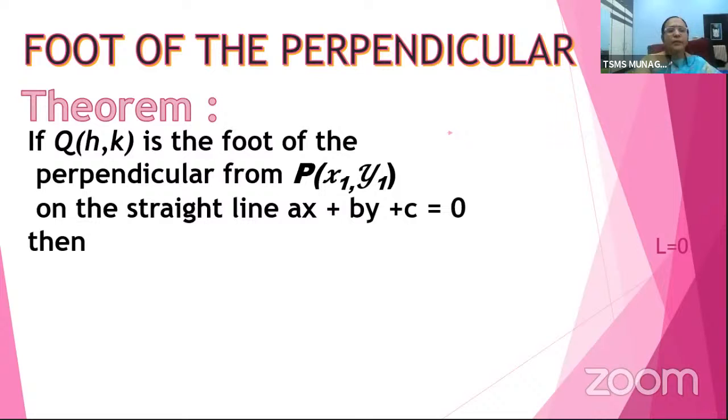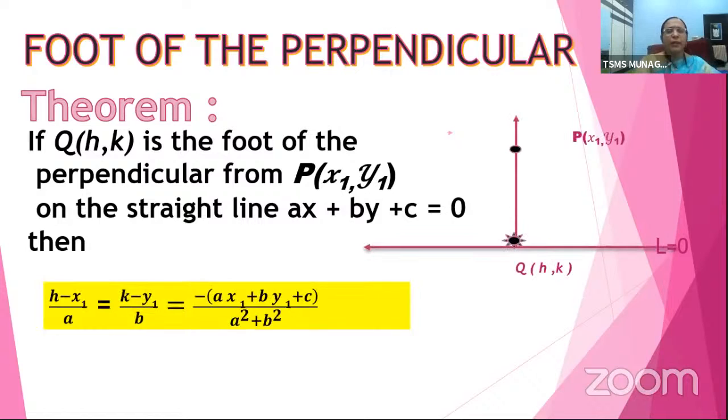Now the theorem is like this. If Q(h, k) is the foot of the perpendicular from P(x1, y1) on the straight line ax + by + c = 0, then the foot (h, k) is given by the formula (h - x1)/a = (k - y1)/b = -(ax1 + by1 + c)/(a square + b square).